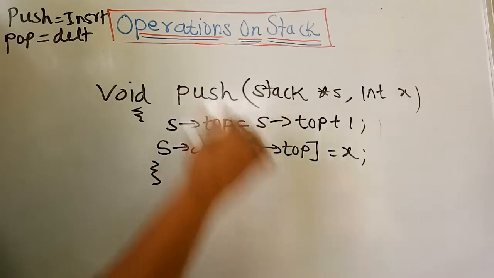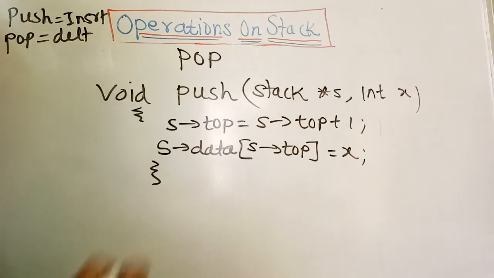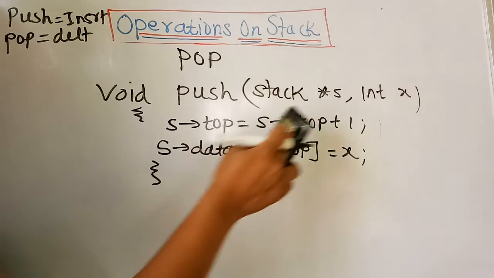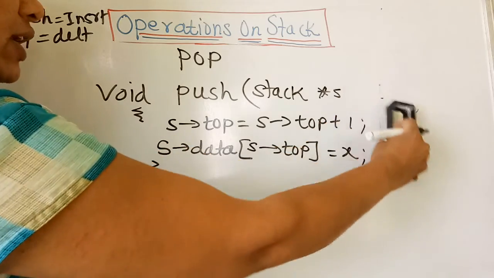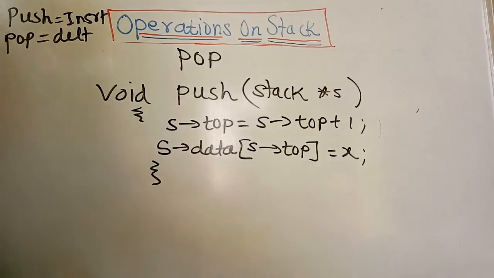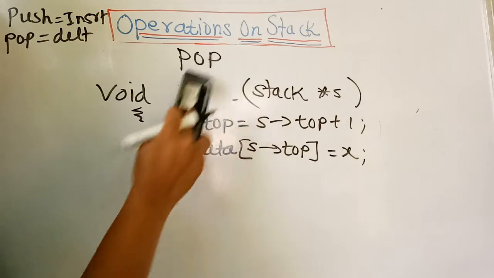Now the last function remaining for the stack operations is the pop. What is the pop? Deleting elements from the stack is the pop. How to perform it? Simply, there is no need of any variable like in the push, because we only have to delete from the previously inserted stack.